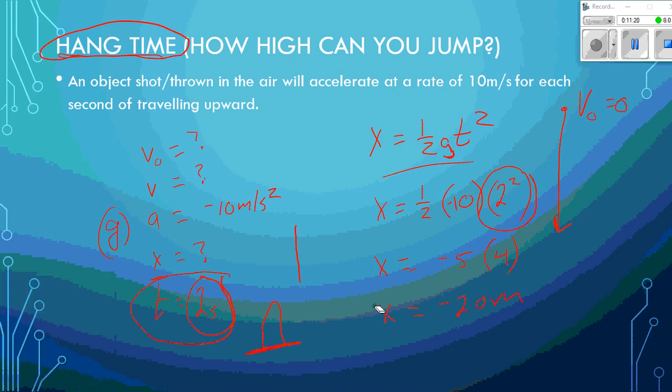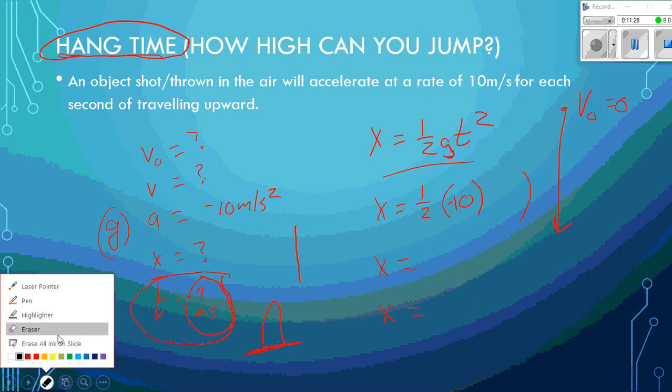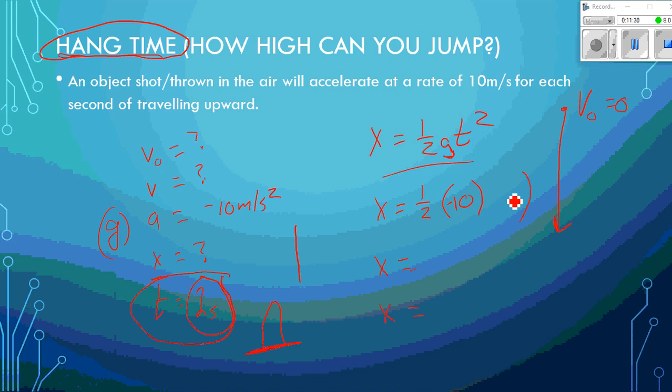So instead of 2 squared, it's going to be 1 squared, which will make a big difference. Okay, so 1 squared is 1. So now it's 5. It's -5 meters. And the reason why it's negative is because I went up here to the top where my initial velocity was 0. And so when I drop back down from the top, it's actually in the negative direction.